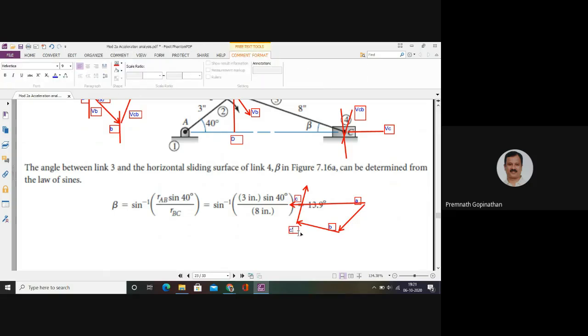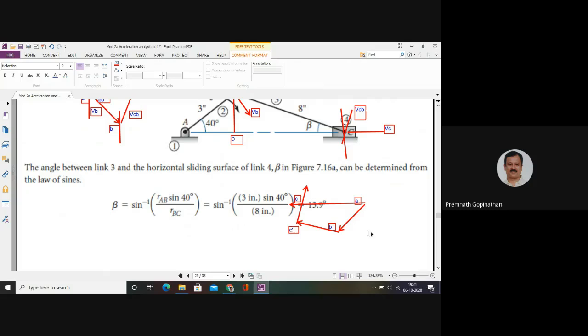So BC dash represents the centripetal acceleration of C with respect to B, and C dash C represents the tangential acceleration of C with respect to B, and the vector from A to C represents the absolute acceleration of C. So I can name all these.